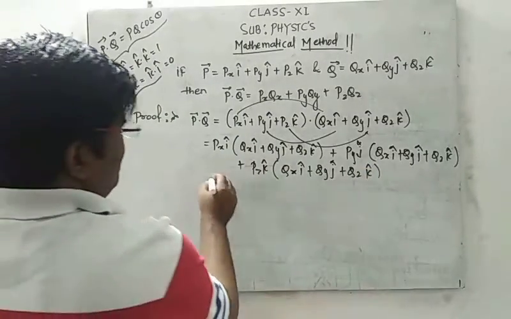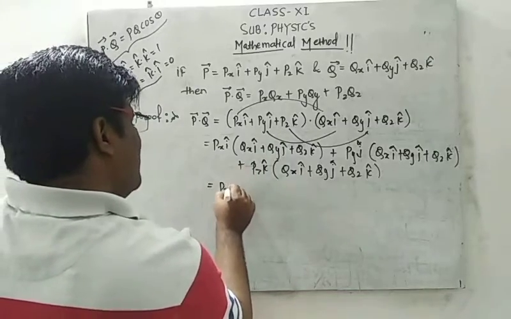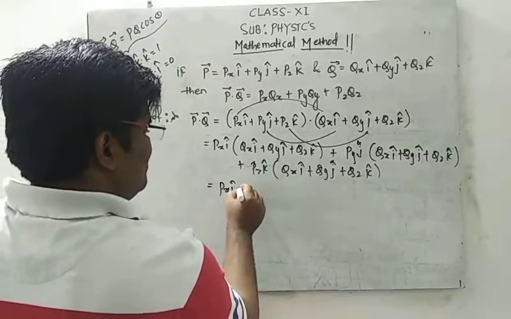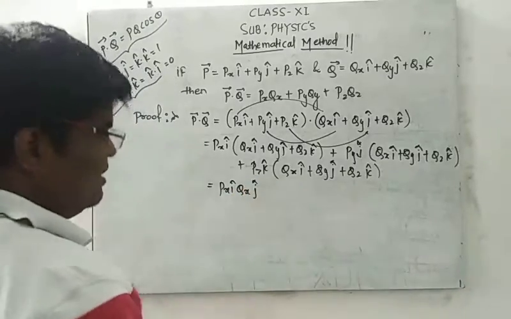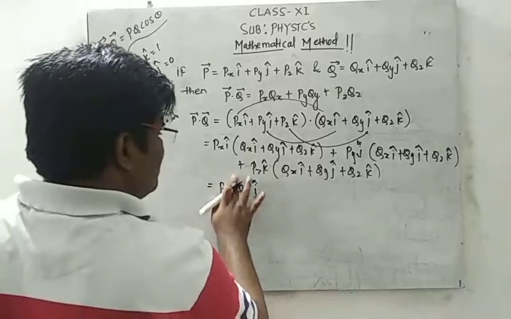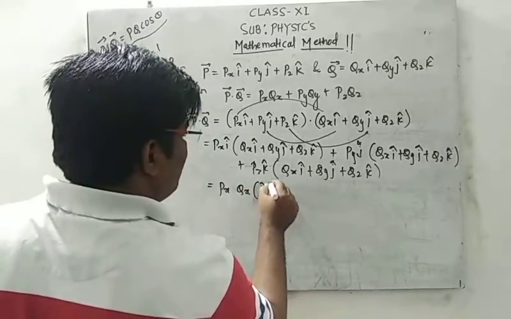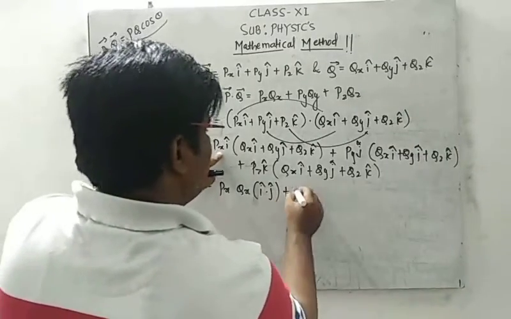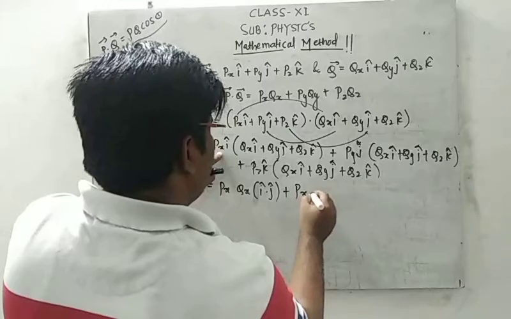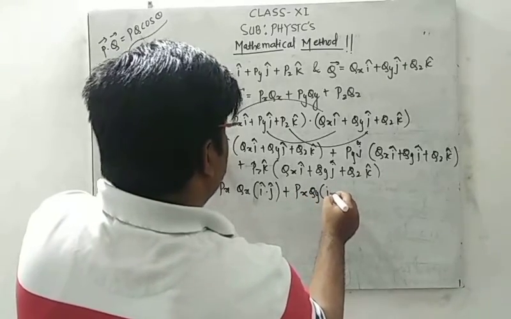Now multiply with all the terms, that is px i cap into qx i cap, so we can write this as px qx i cap dot i cap.